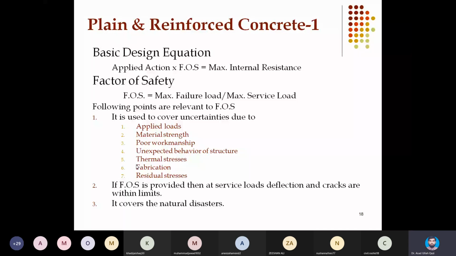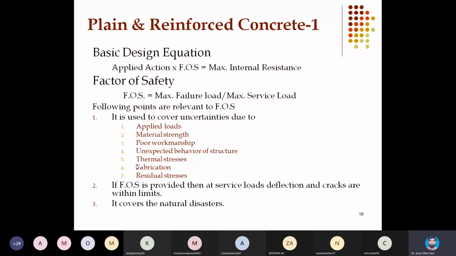For example, if we decided that reinforced concrete will be our construction technique, and rather than a steel building we are going for a concrete building, and we decided that in this building masonry used will be clay masonry, over the rooms floor finish will be brick ballast, and then on brick ballast tile work will be done. We have decided the structural use that this building will be a residential apartment building.